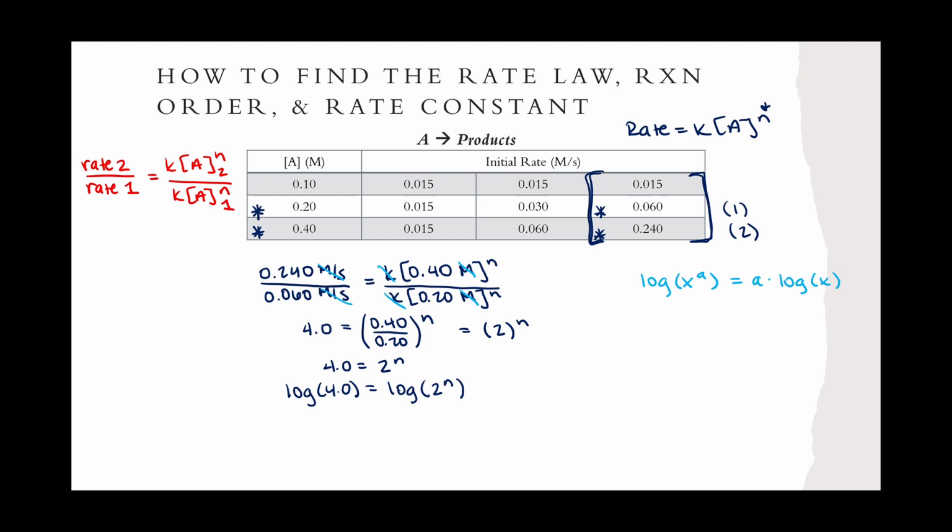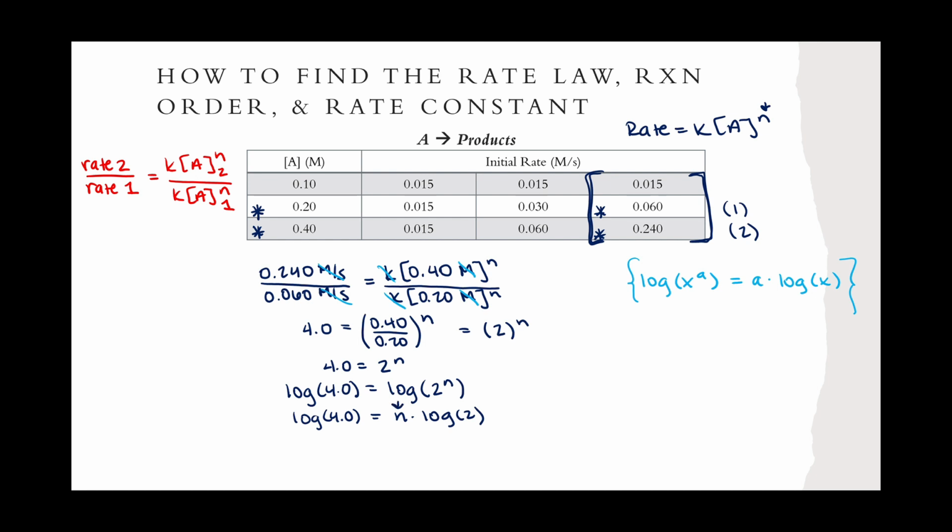Refreshing up a little bit on the properties of logs might be a good idea if you're a little rusty with this. But to solve these problems, all you need to know is that you can do this with logarithms. So the next step that I would do is rewrite this as log of 4 equals n times log of 2. We now have isolated n, so yay, we can solve for that.